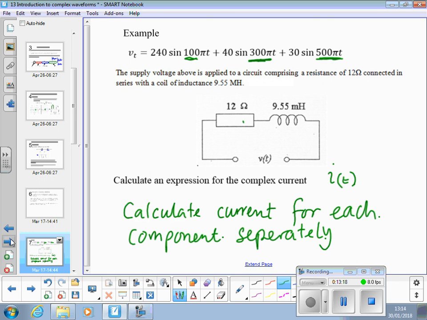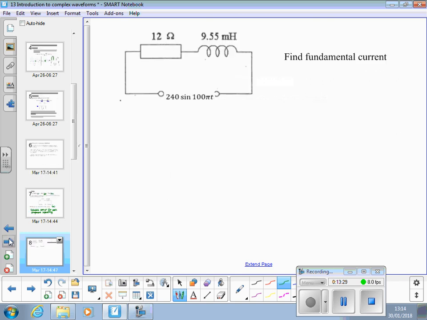That's how we would do it. Okay, so I've given you several slides so we can put the calculations for each bit on a separate page. So first of all, find the fundamental current. So we've got fundamental is 240 volts at sine 100 pi t.